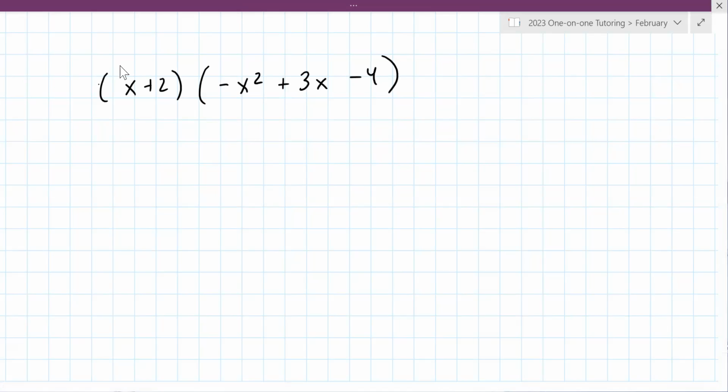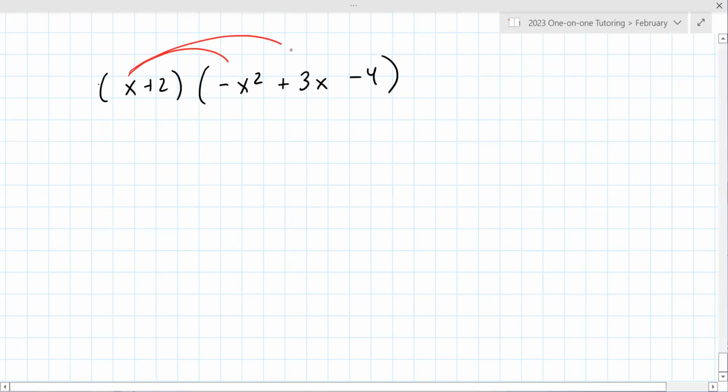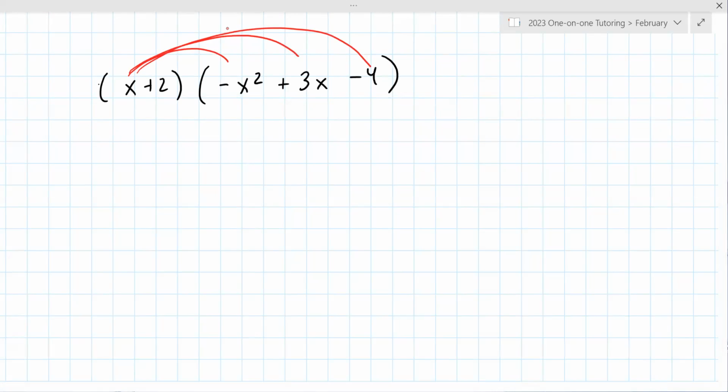Let's have you try one here. Let's say it's x plus 2 times minus x squared plus 3x minus 4. Again, you just multiply everything on the top. Can you give me those multiplication results, please?